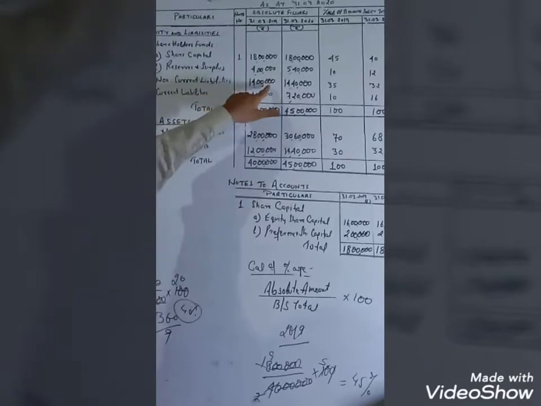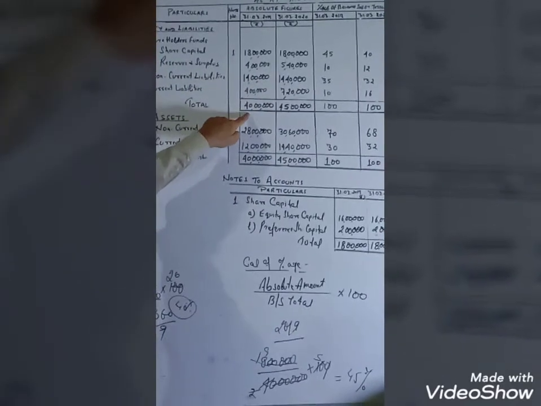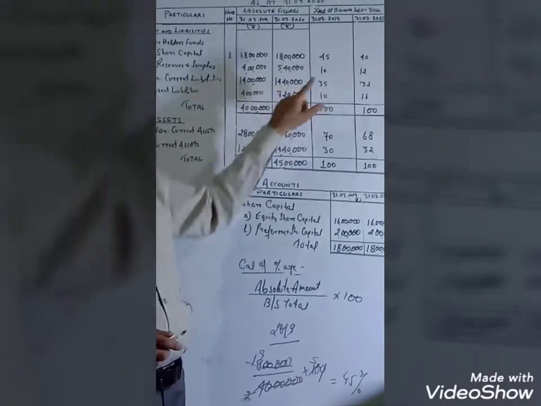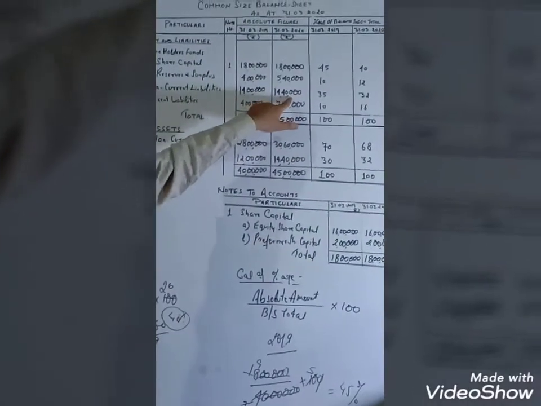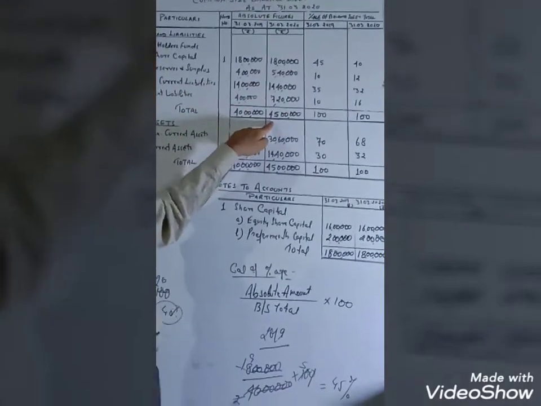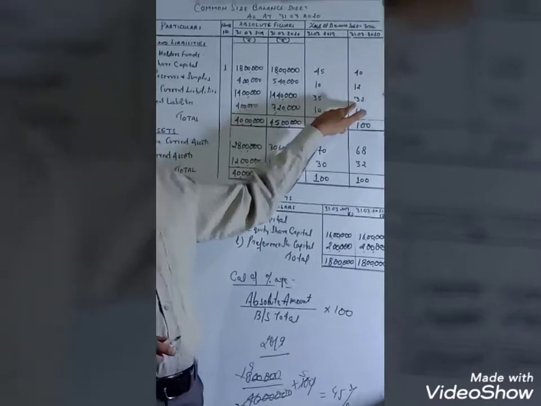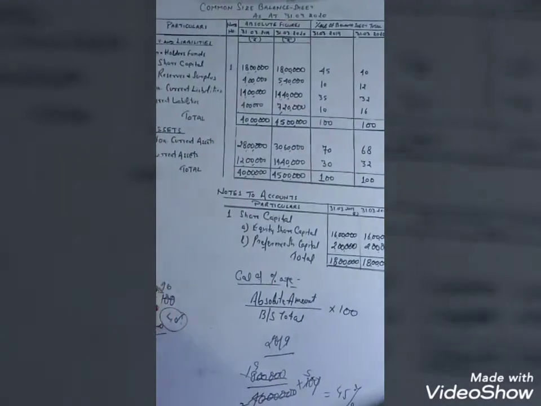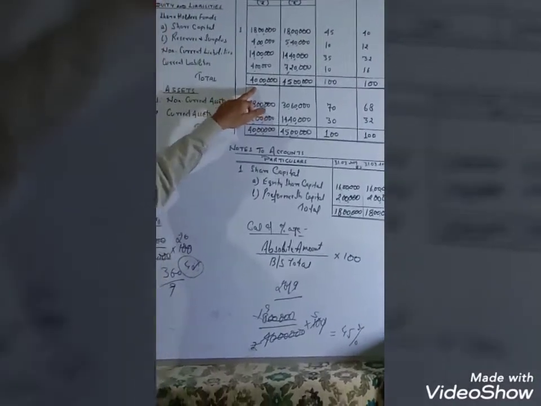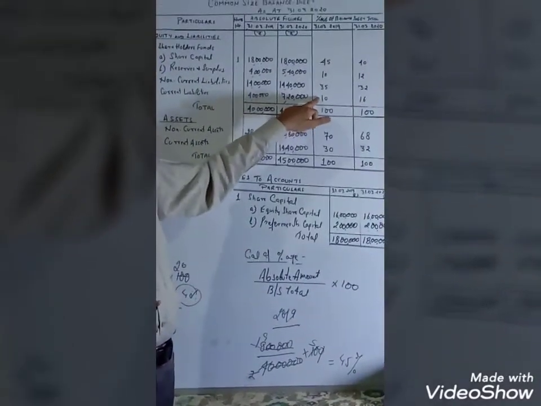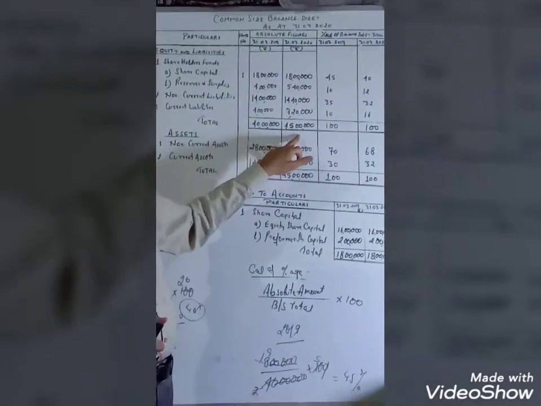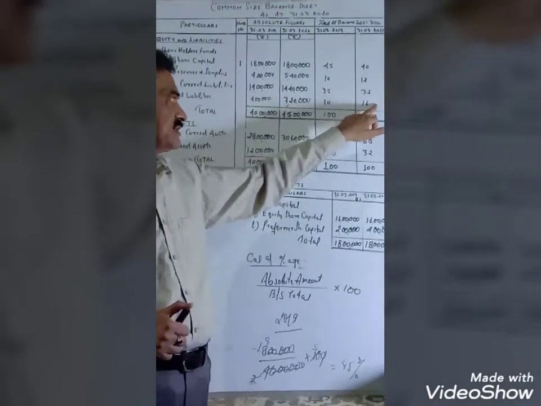Non-current liabilities, 14 lakh divided by 40 lakh multiplied by 100, you will get 35%. 2020, 14 lakh 40,000 divided by 45 lakh multiplied by 100, we will get 32%. Then 4 lakh divided by 40 lakh into 100, we will get 10%, and 7 lakh 20,000 divided by 45 lakh multiplied by 100, we will get 16%.